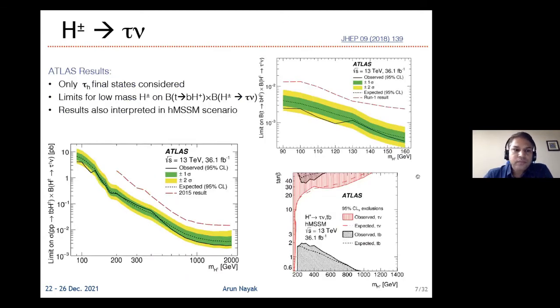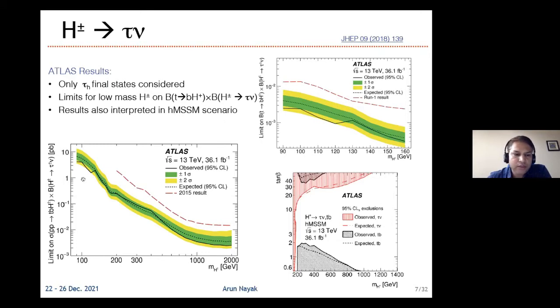A similar result also exists from ATLAS, also from 2016 data. They considered only the hadronic tau final states, and they obtain limits for low charged Higgs mass on the branching fraction for t going to H+ b and then H+ going to tau nu.